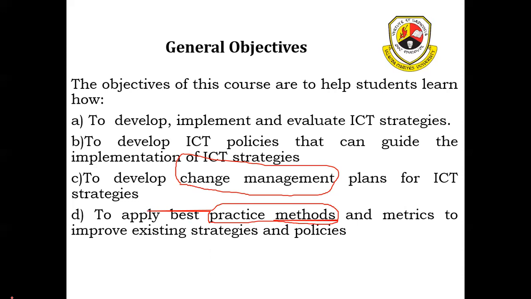So we should see it being strategically positioned in each department and for the overall organization, and we should also see it influence each department and how it handles its information and processes. So this element of change management is key in strategy and policy development in the ICT sector.